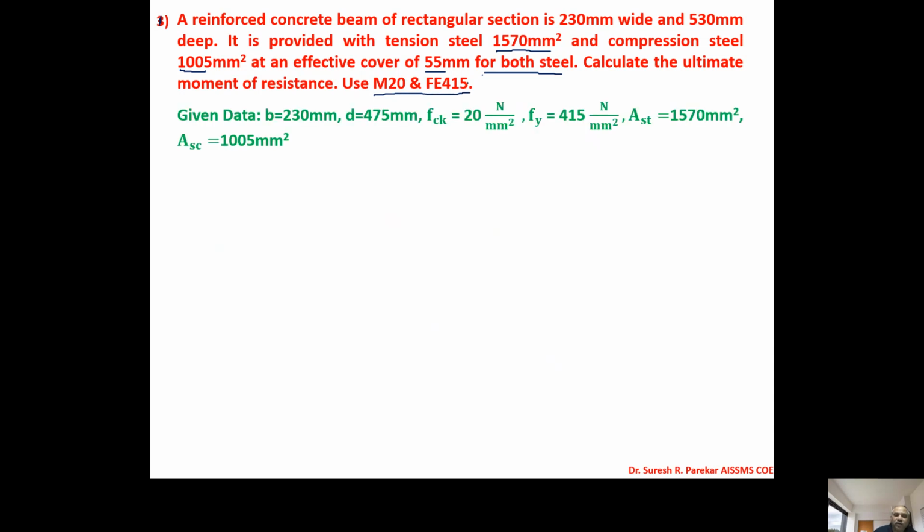So now we first go to the given data. B 230, D 475, FCK 20, FY 415, AST we have 1570 mm square. Now we are going to go for step 1, and in this step 1 we are with the calculation of FSC.